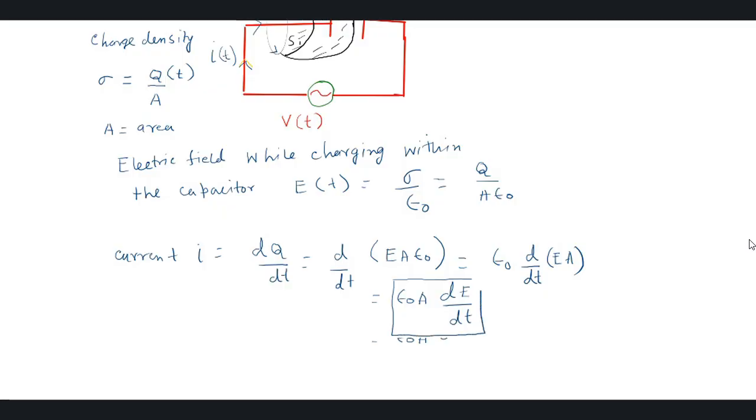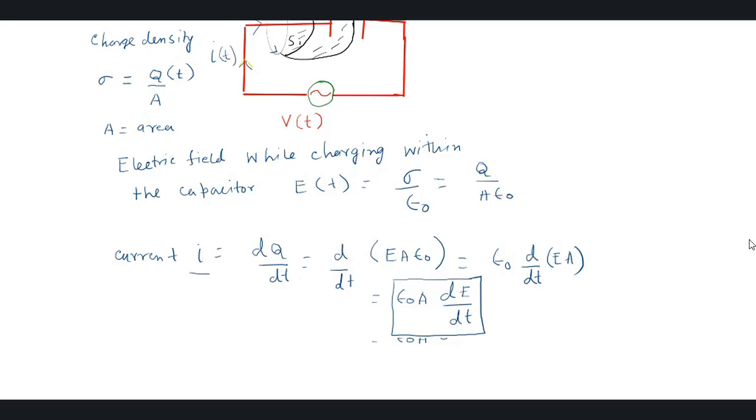This quantity is also behaving as the current, but it is not due to the flow of charge carriers. It is due to the rate of change of electric field. dE/dt, a changing electric field, will give rise to this current.